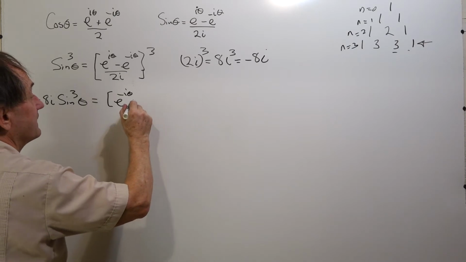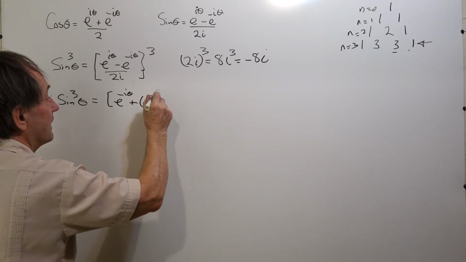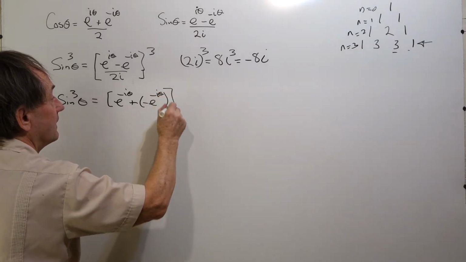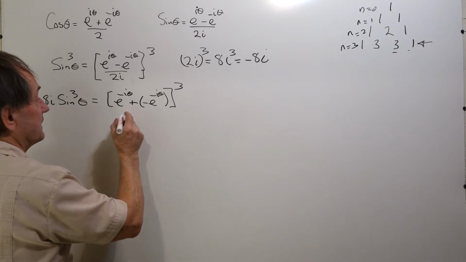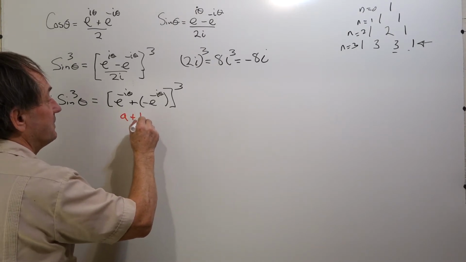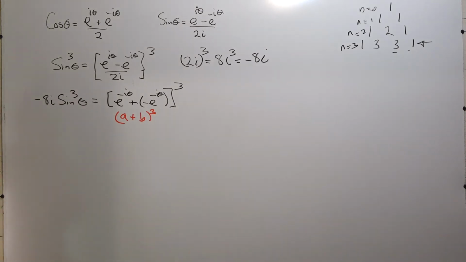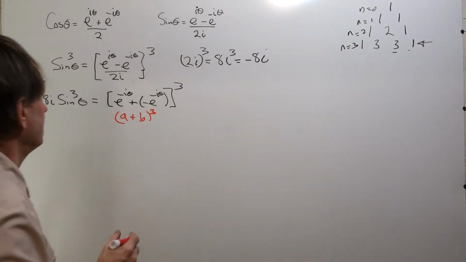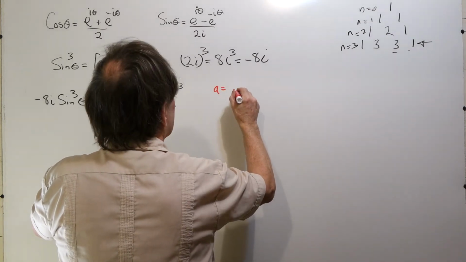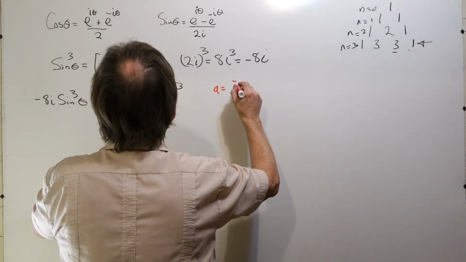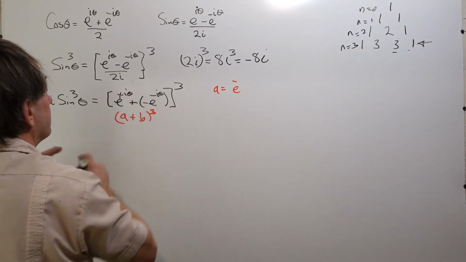And I'm going to write this as e to the plus i theta plus minus e to the minus i theta, cubed. Because this now is of the form (a + b) to the 3rd power in our binomial theorem.